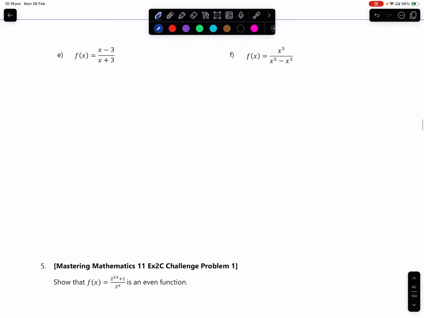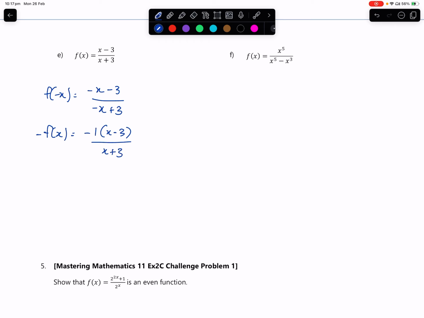E. For this particular one, f of negative x is equal to negative x minus 3 over negative x plus 3. Now that doesn't look the same as that at all. So what we are going to do next is write negative f of x, and that means you just multiply the top by minus 1, followed by x plus 3 in the bottom.